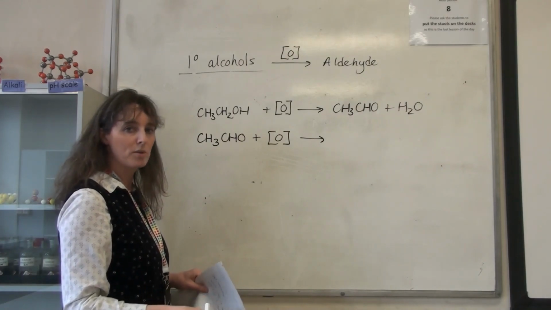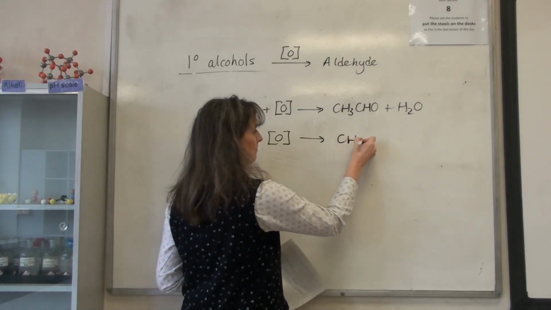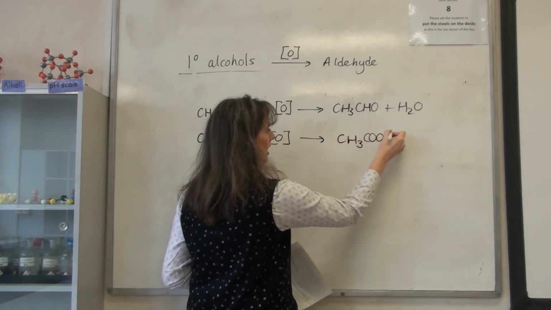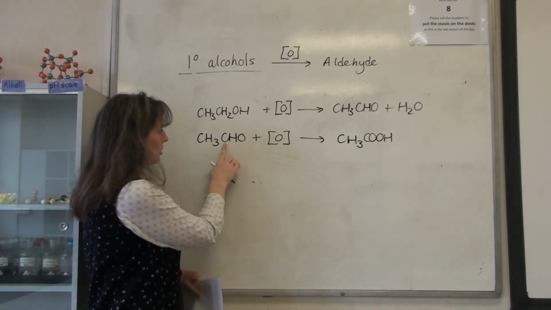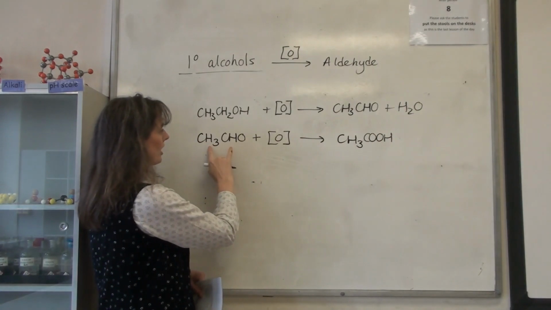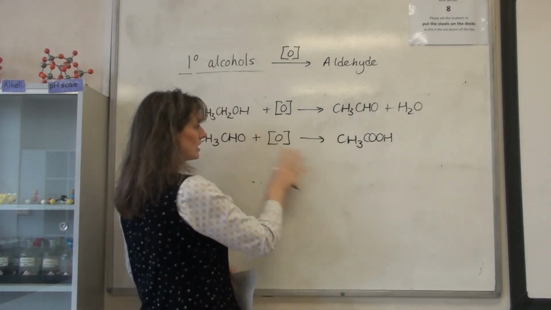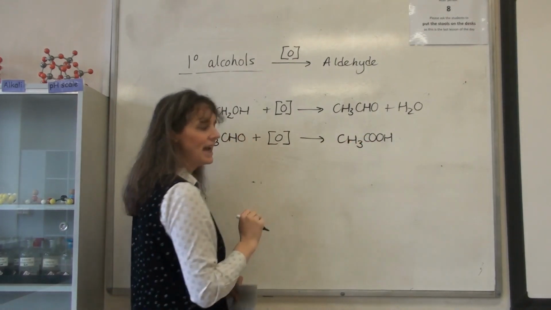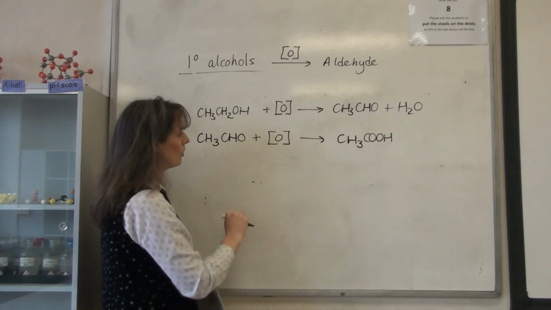So the relevant carboxylic acid, 2 carbons in chain length, is going to be ethanoic acid. Now you can see here 2 carbons, 4 hydrogens, 4 on the left, 2 oxygens and 2 oxygens.